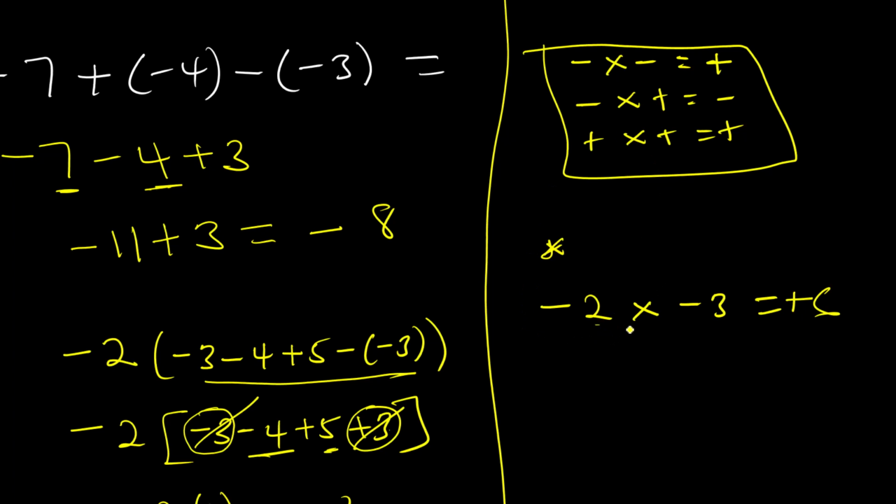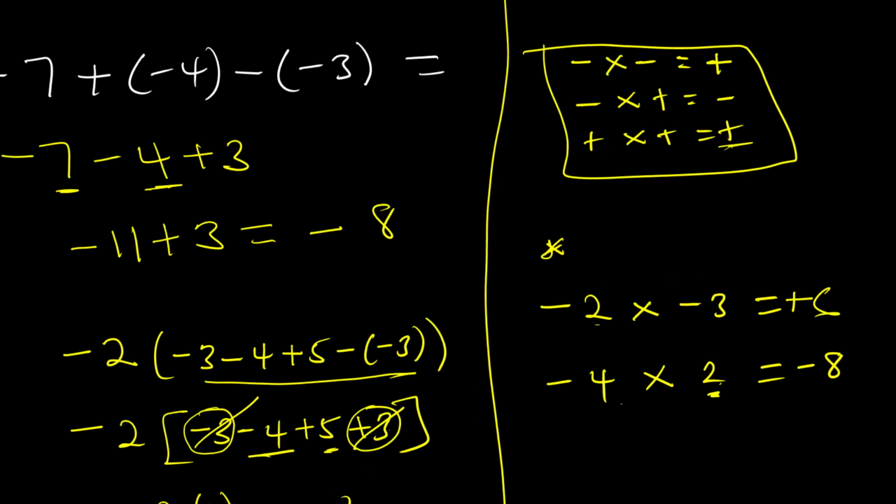Minus times plus: -4 times 2 is 4 twos are 8, so I'll add a negative, -8. And this one is pretty simple: if you multiply two positive integers, you end up getting a positive integer.